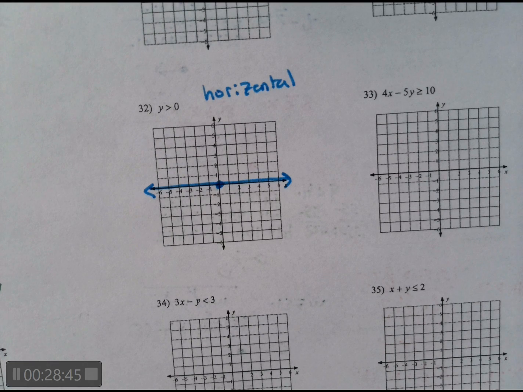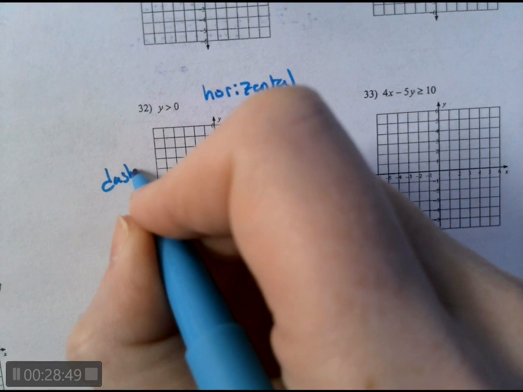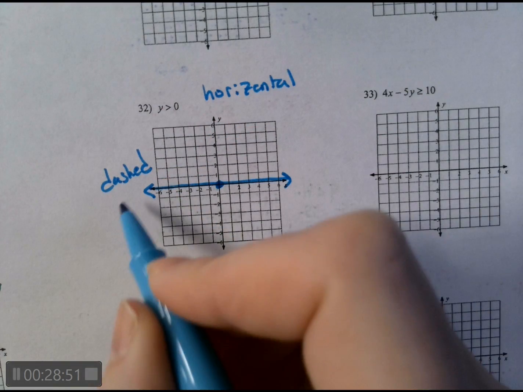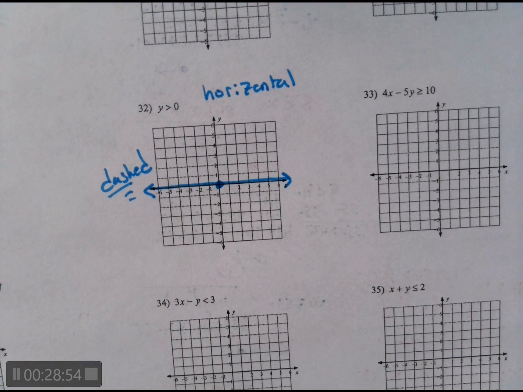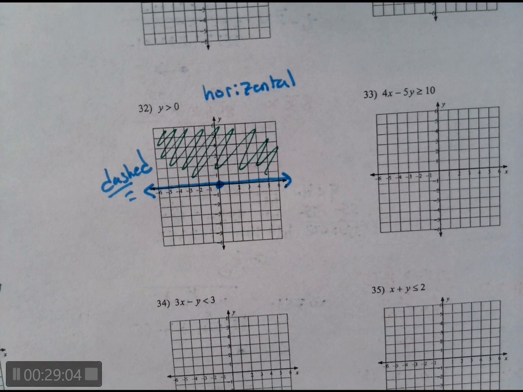And since, oh no, it's supposed to be dashed. I keep doing that. Obviously, I'm not thinking today. Sorry, guys. Okay, this is supposed to be a dashed line. And then, since y is greater than 0, we are going to shade above. So, please make 32 a dashed line.